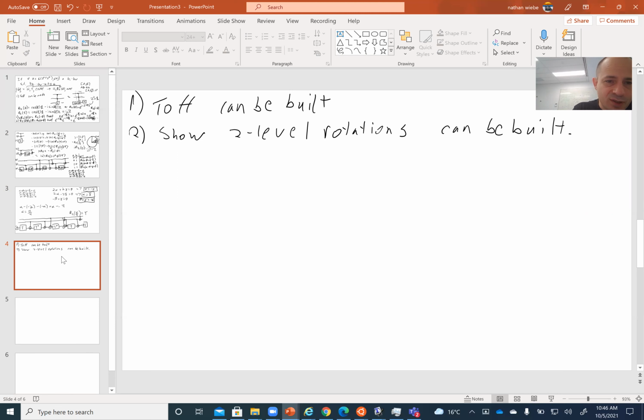So we could do something like identity tensor RZ, which, if we expressed it, would be e to the negative i theta over 2, 0, 0, e to the i theta over 2.